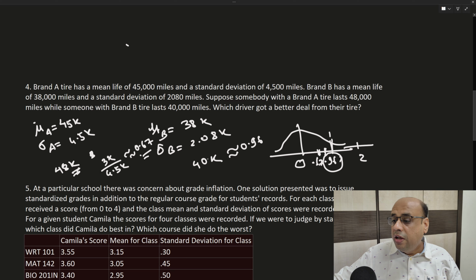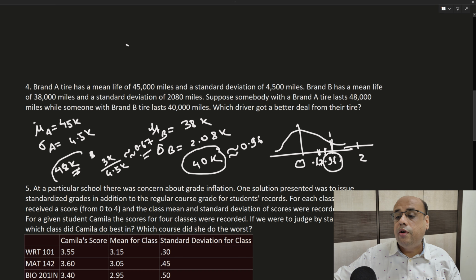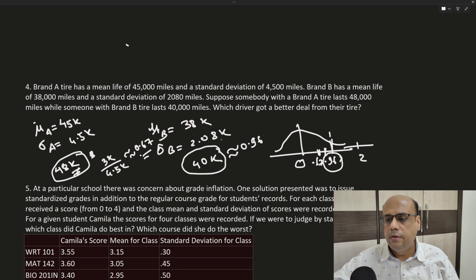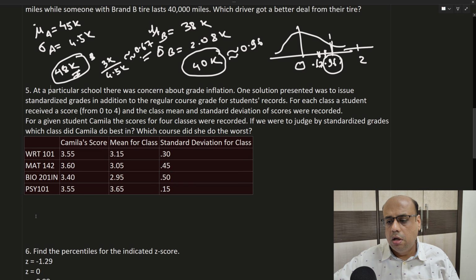Even though his absolute mileage of 40K is less than 48K, he is better off because he is further from the mean. The probability of 40K is less than the probability of 48K relative to their means, so there is very little likelihood of a person having 40K. So that is the answer, and that is how we have to approach it.